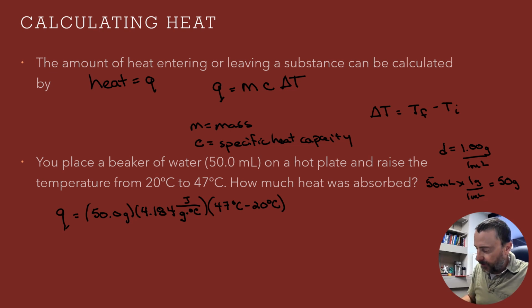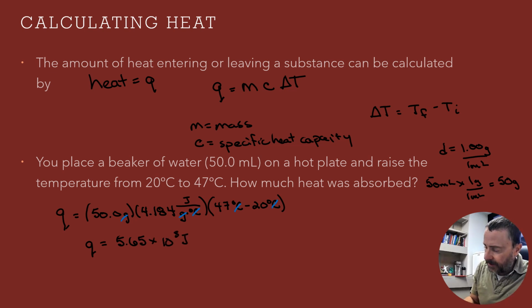If we notice here, our Celsiuses are going to cancel, our grams are going to cancel, and we're going to be left with units of joules, which are, of course, a unit of heat. When I calculate this out, I get an answer of 5.65 times 10 to the third joules.